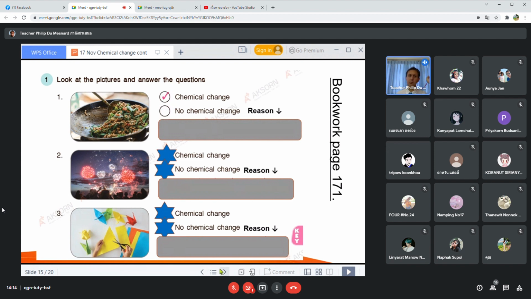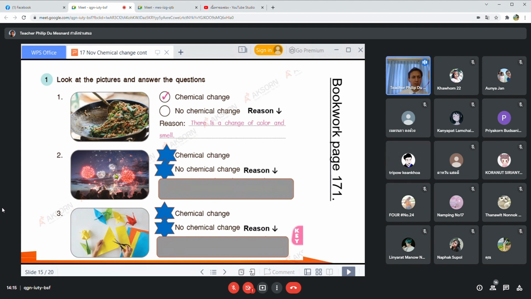Whenever you're cooking anything, it's a chemical change. If you boil it, grill it, bake it, fry it, any kind of cooking you do in the kitchen is a chemical change, because the food taste and smell is different. And here's the reason: there's a change in color, a change in smell, and a change in taste.